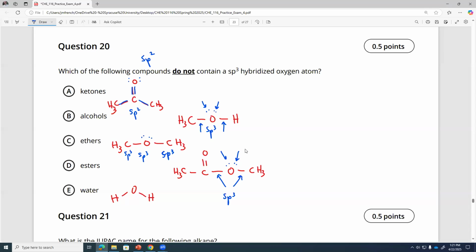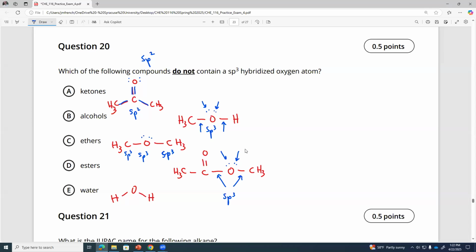It's got the carbon-oxygen double bond, which is 1 domain, and then 2 lone pairs of electrons. So that's 3 domains. So that would make this oxygen sp2 hybridized. That's the only way it's able to form a double bond. So if you see an oxygen attached to a carbon double bond, it has to be sp2 hybridized.